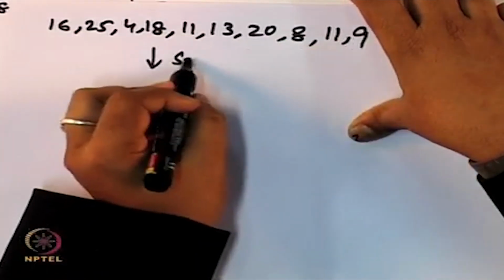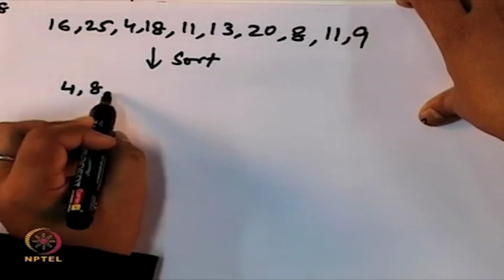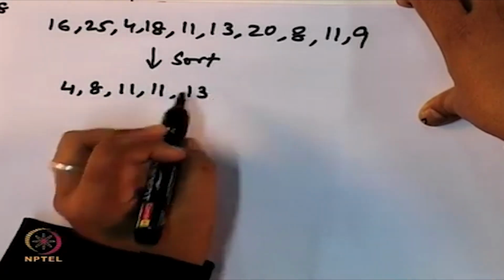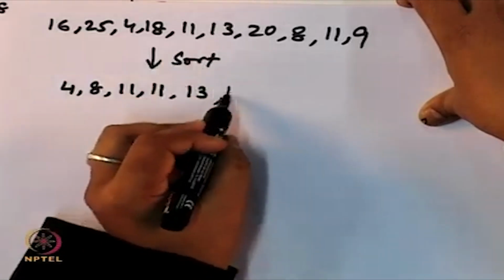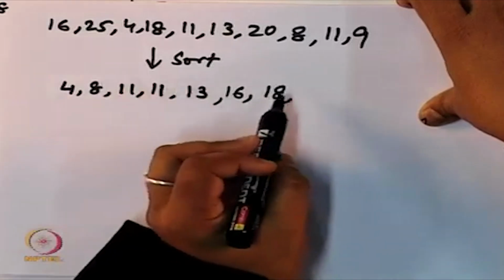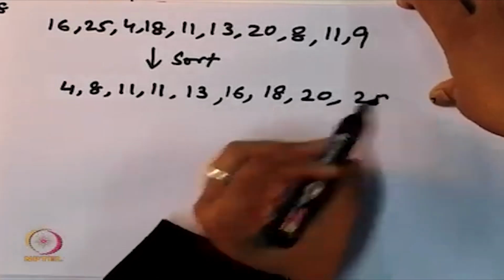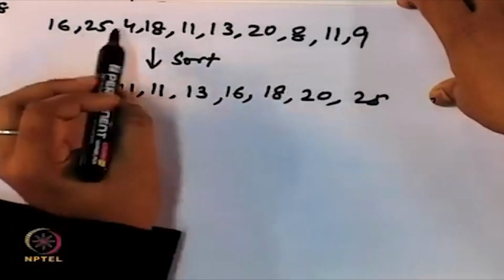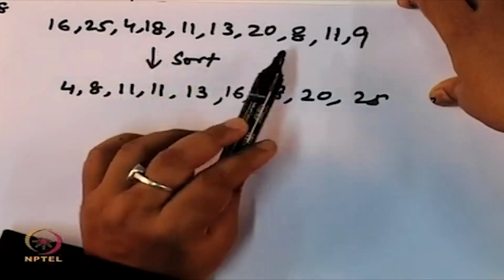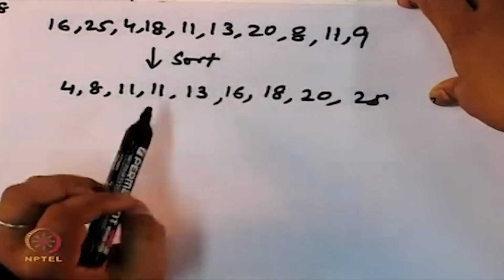The first thing is of course to sort it: 4, 8, 11, 11, 13, 16, 18, 20, 25.